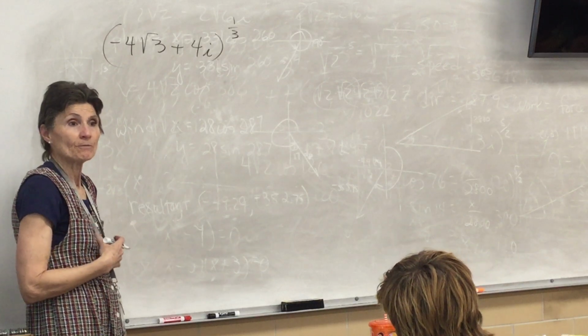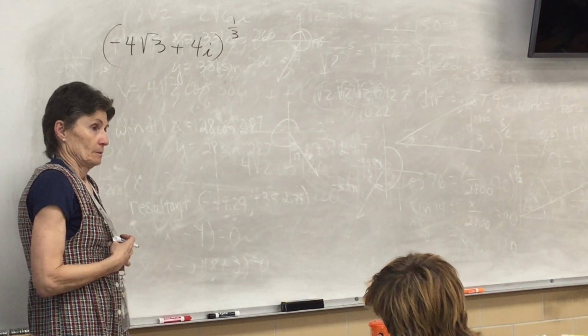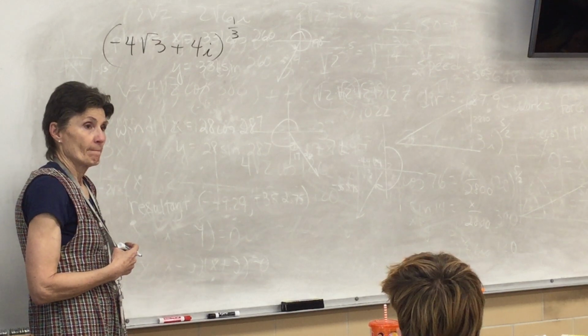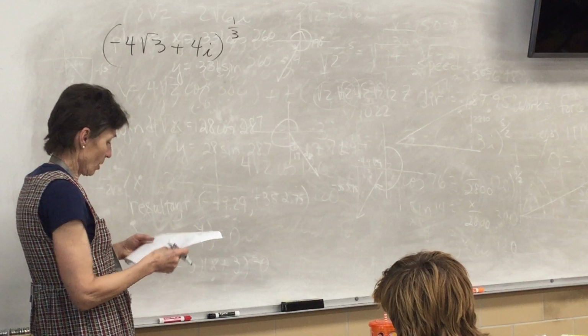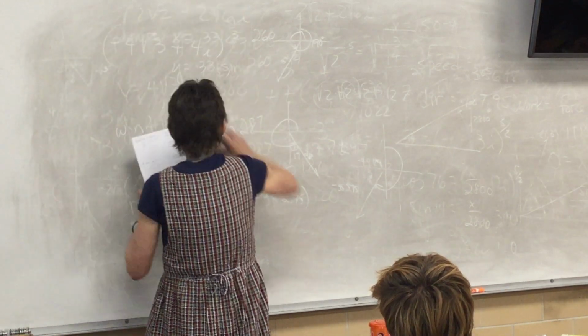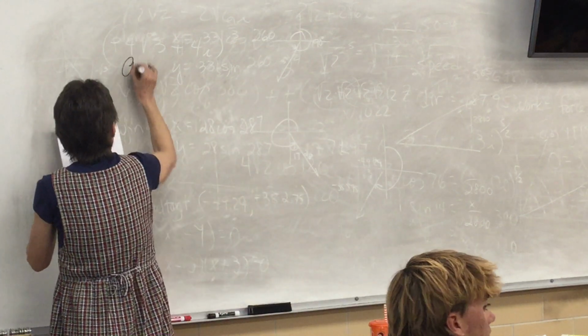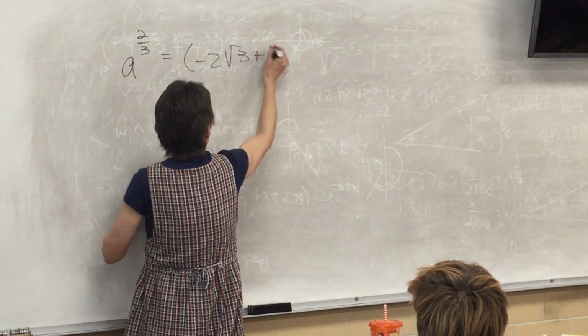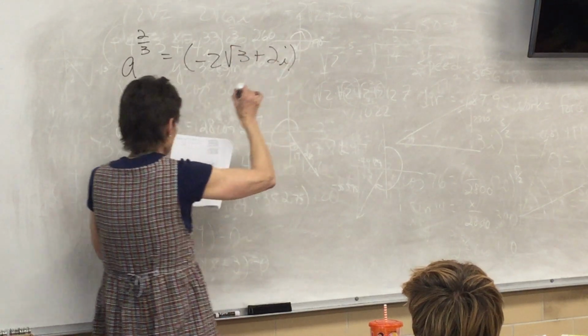Okay, so what do I need to do first? Aiden? No, that's number 4. Oh, I'm sorry. Oh, well, 5, we just did one just like it. We just did one exactly like this.